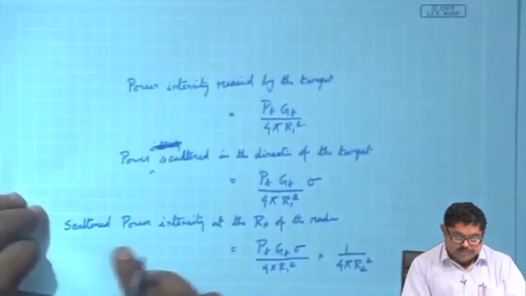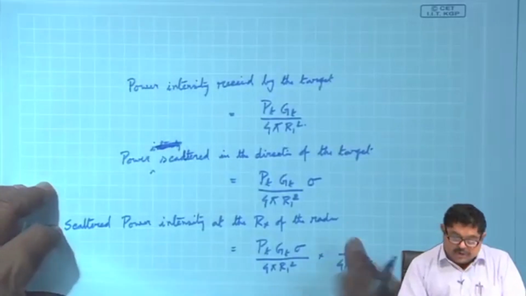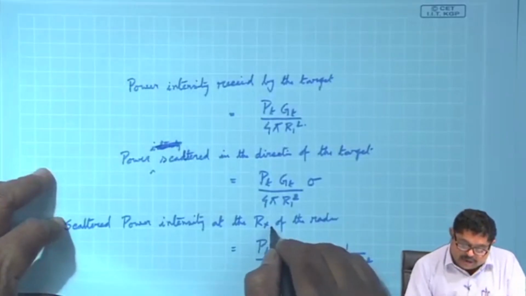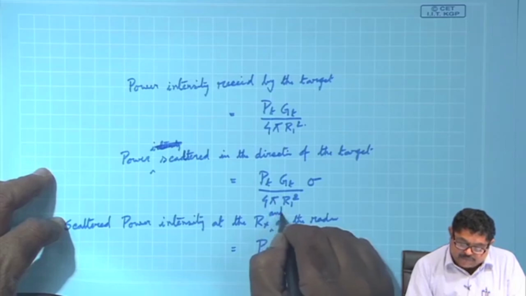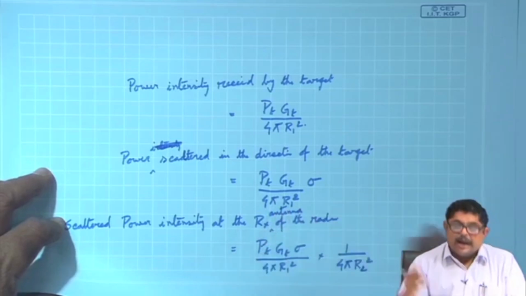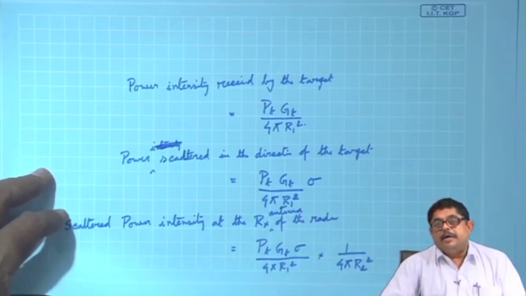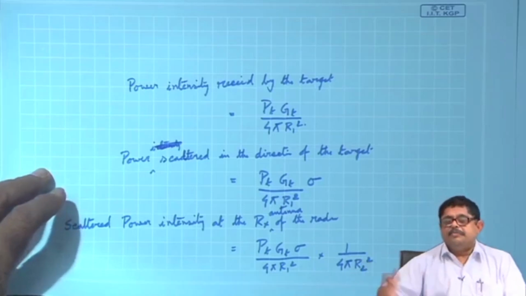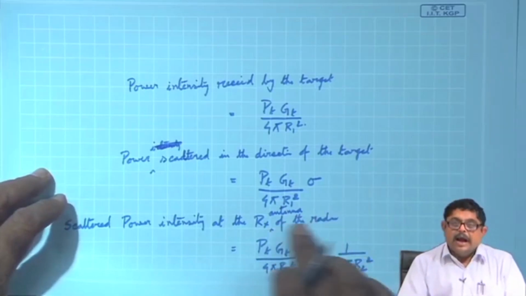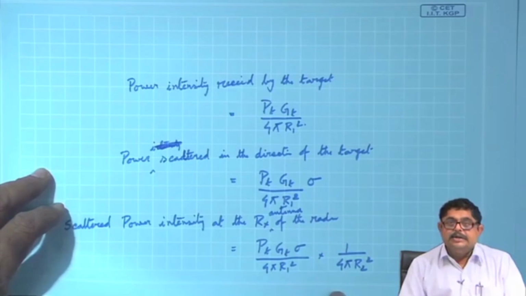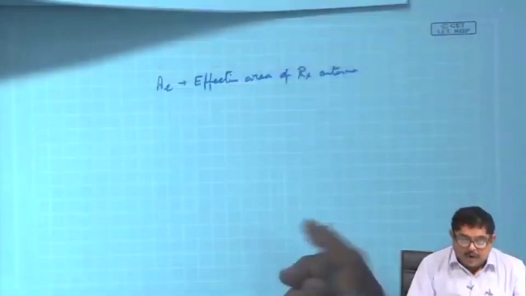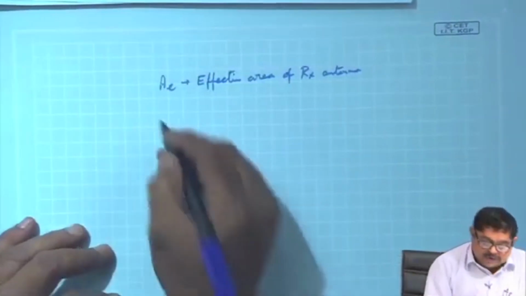So, the power intensity at the receiver, or I can say at the RX antenna, because the antenna and the receiver may be at different places. So, it is basically at the receiving antenna that this is the intensity. So, what will be the power captured by the antenna?